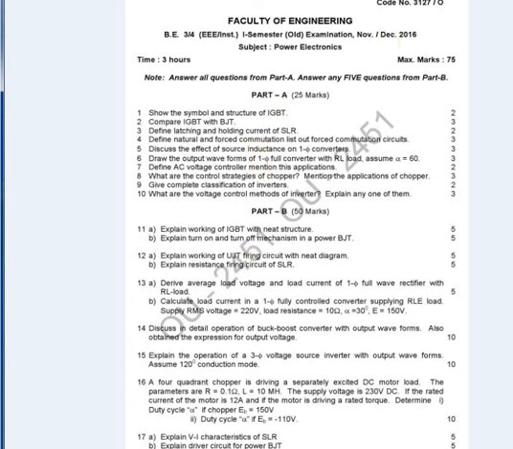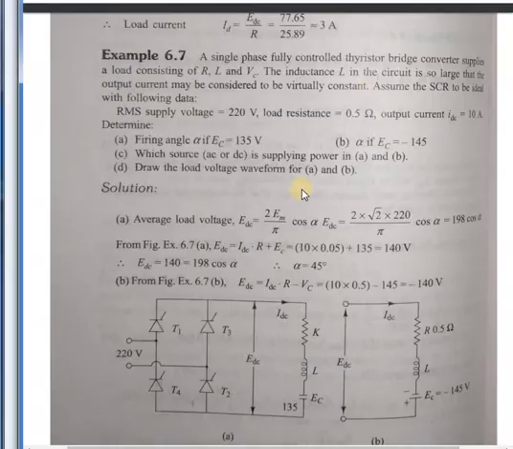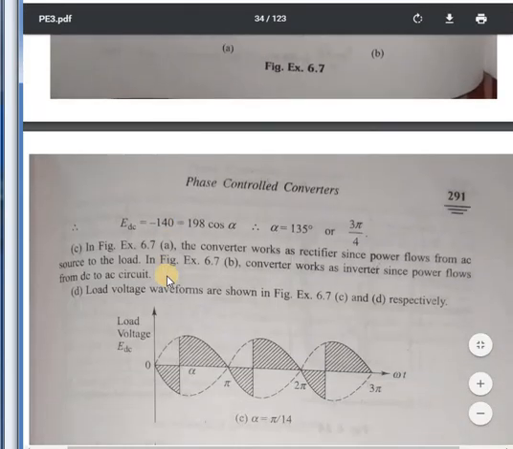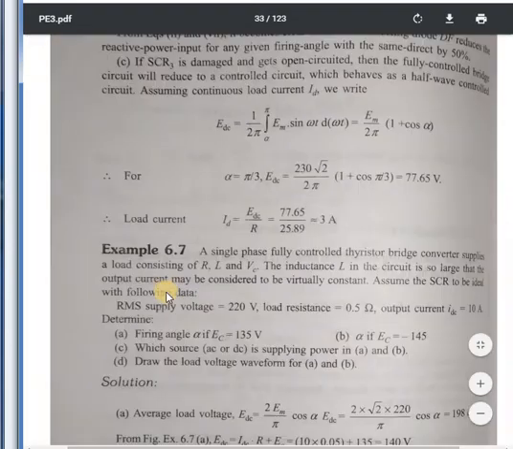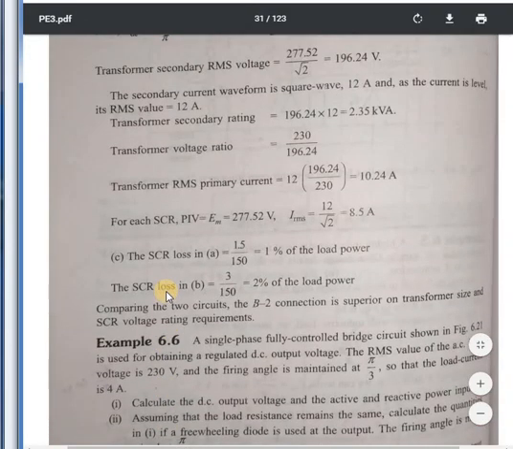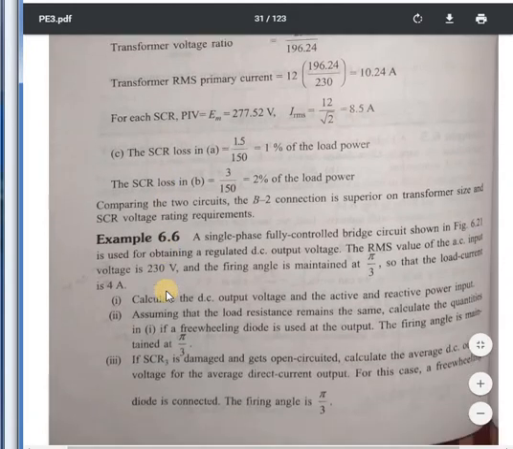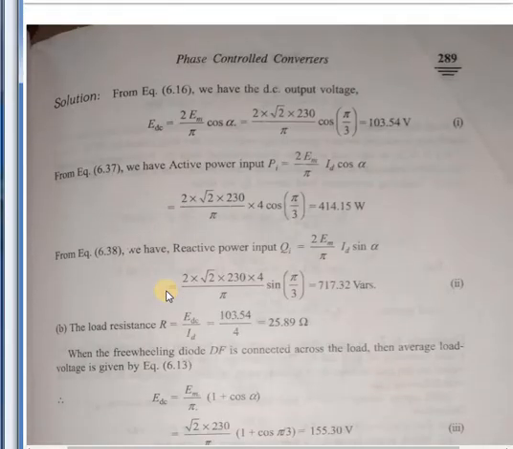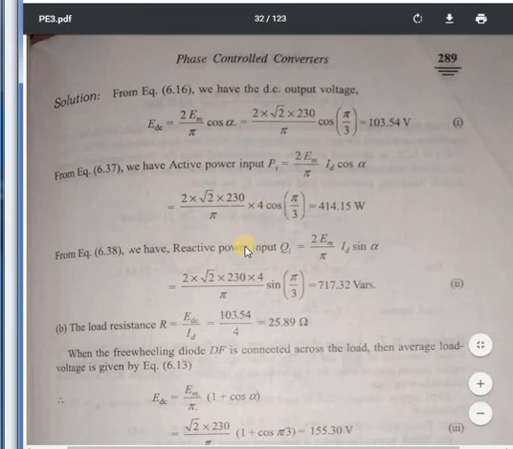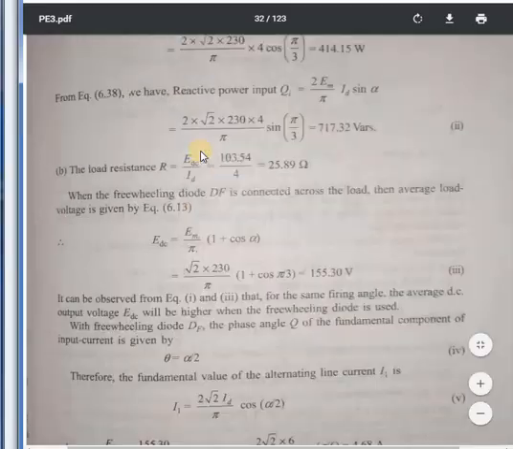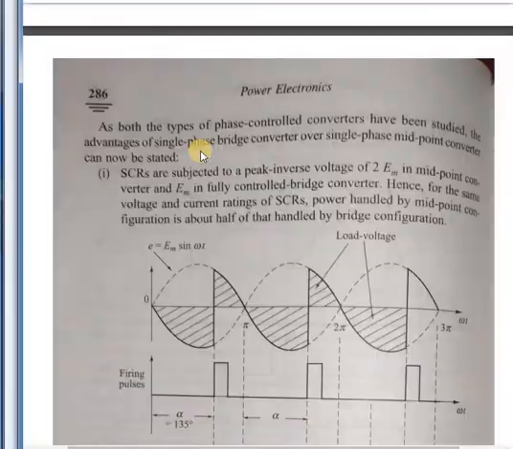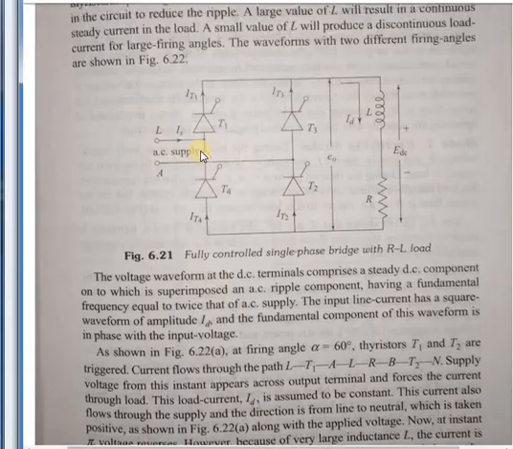So you have to calculate the load current here. For finding out the load current, what will you do? See from here, load voltage, load current, so your fundamental value of the load, your load current will be calculated from the formula used here.